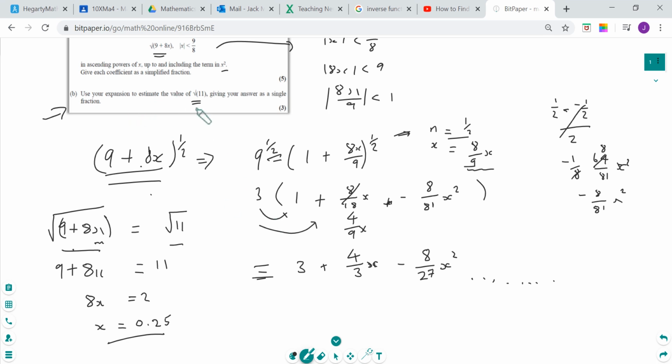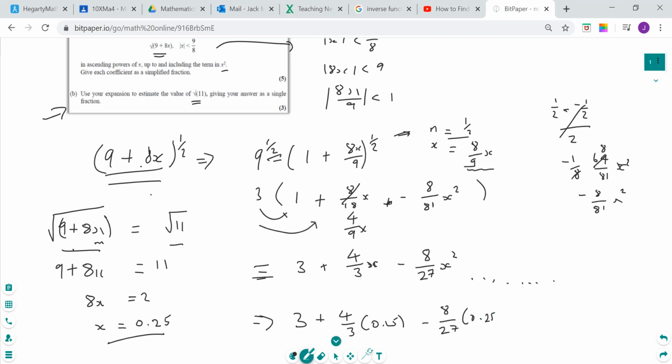So we're going to use this now in our expansion. So let's say then this is going to be 3 plus 4/3 of 0.25, minus 8 over 27, and that'll be 0.25 squared, which is a quarter.